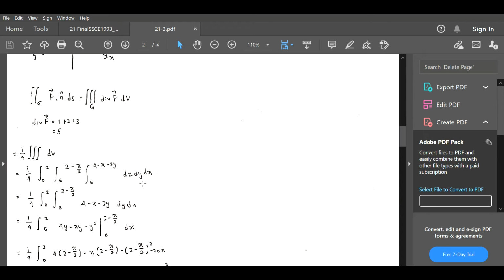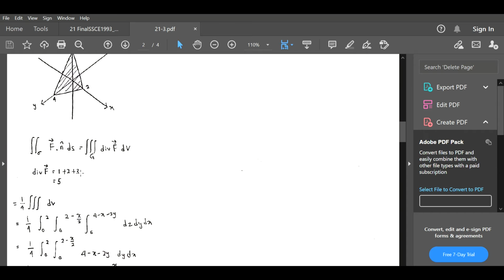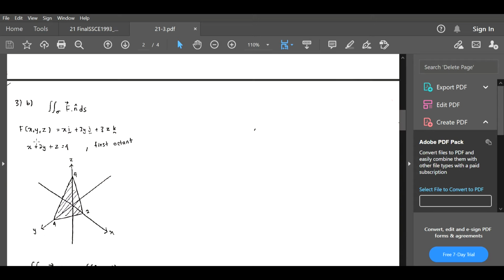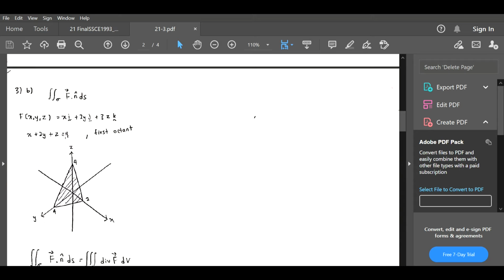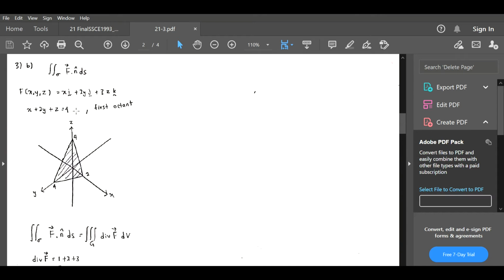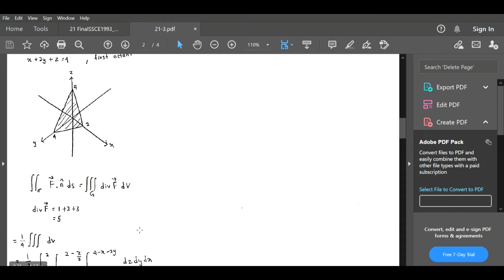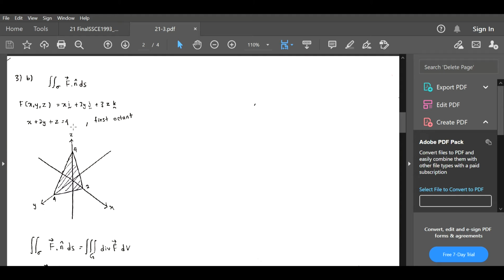So the limit of z is from 0 to 4 minus x minus 2y, because this is the z range, and then we get the limit of z. The next one is dy, from 0 to 2 minus x over 2. Again we rearrange this, and then we set z to 0.